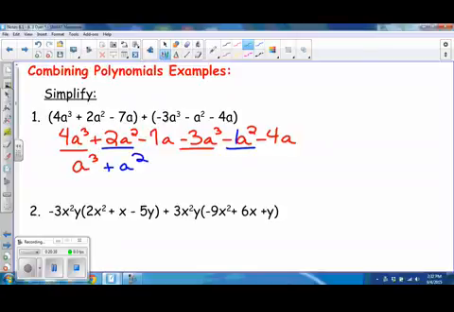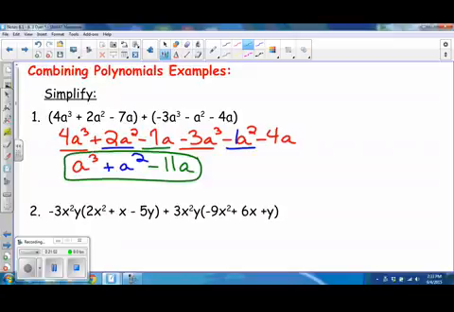And then lastly, we have negative 7a. Kyle, what is a like term with negative 7a? Negative 4a. What's negative 7a minus 4a? Negative 11a.